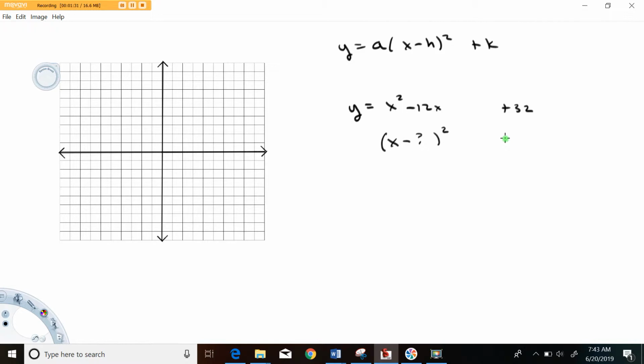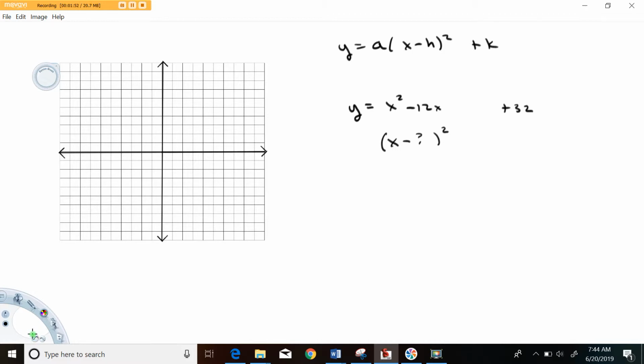Now, the something, remember how FOIL works. If I were to take x minus question mark times x minus question mark, the outer and inner terms would have to give us minus 12, right? That means these things have to be 6s.